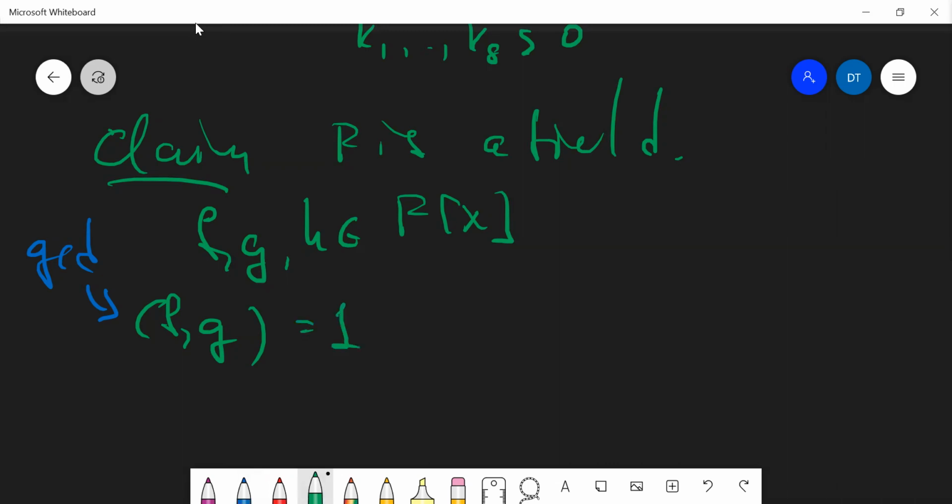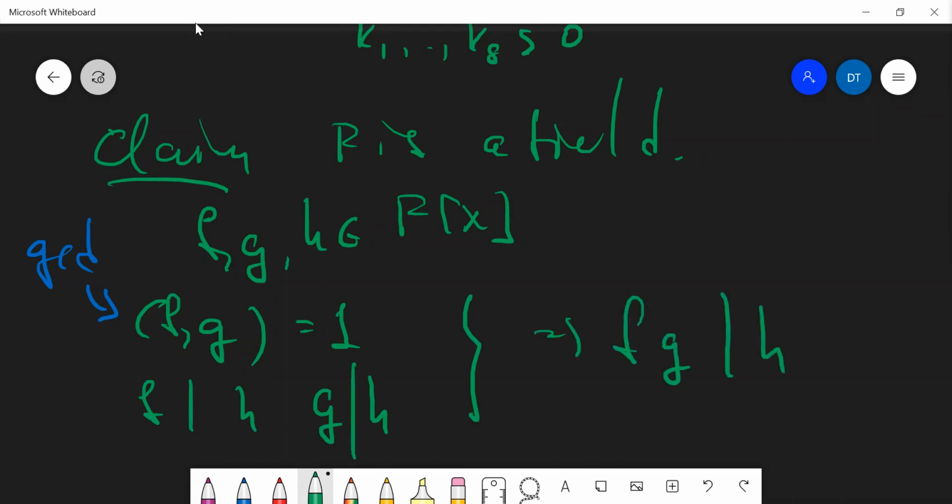If f and g are coprime, which means that the GCD is 1, and suppose that f divides h and g divides h, then the product fg also divides h. Let me show you how to prove something like that using the properties of GCD.